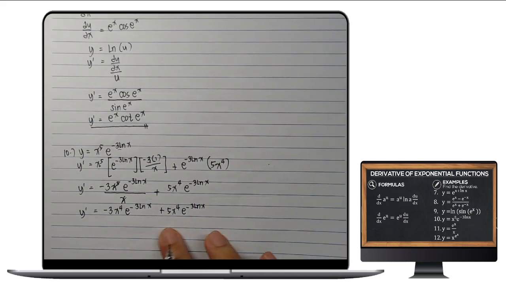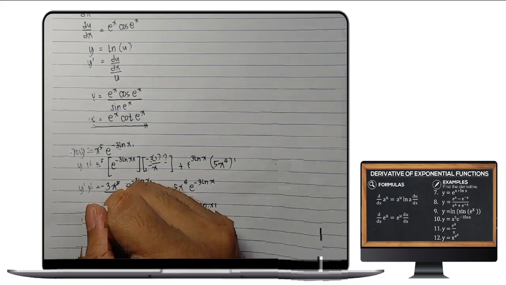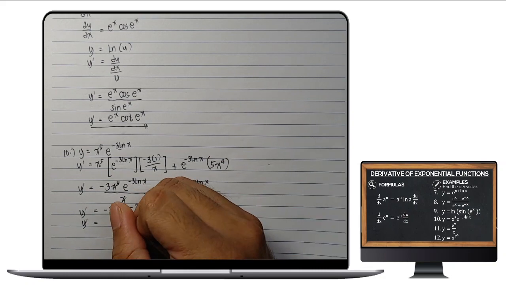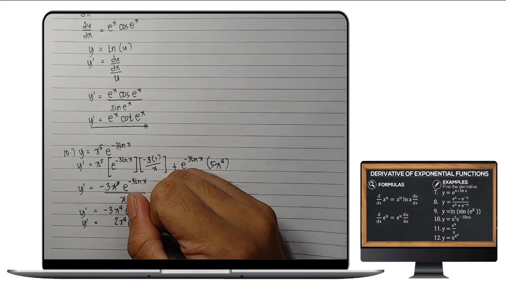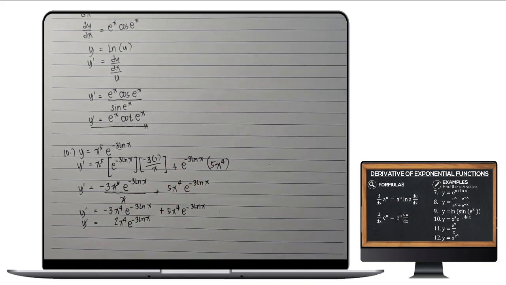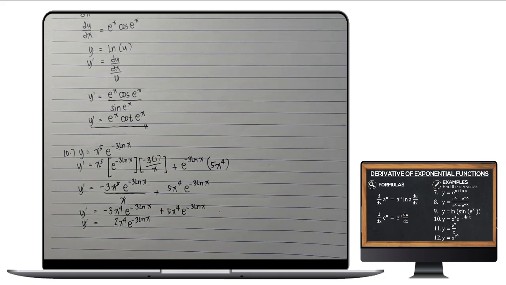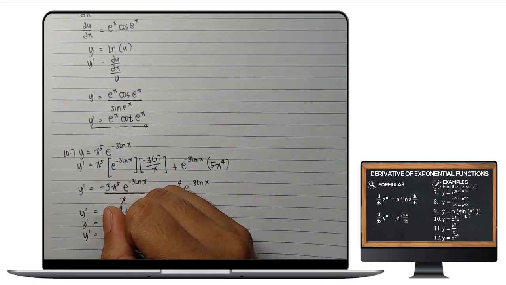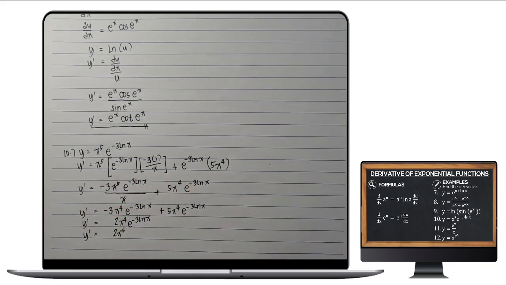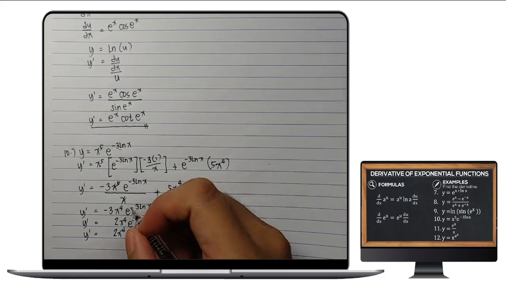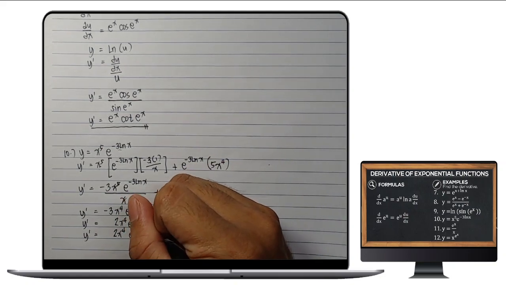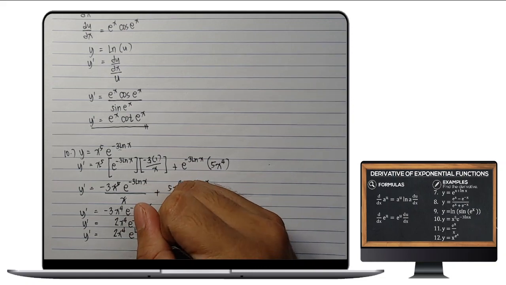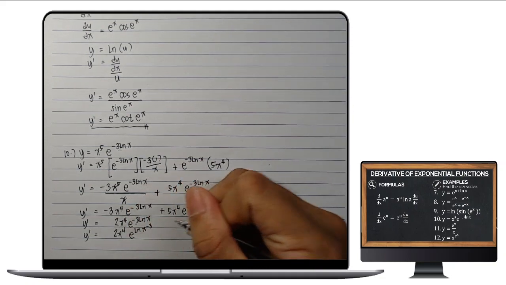So we can combine these terms because they are similar. So y prime is 2x raised to 4 e raised to negative 3 ln of x. Then, applying properties of logarithm, we can have it as e raised to ln of x raised to negative 3, since the negative 3 goes up as the exponent.